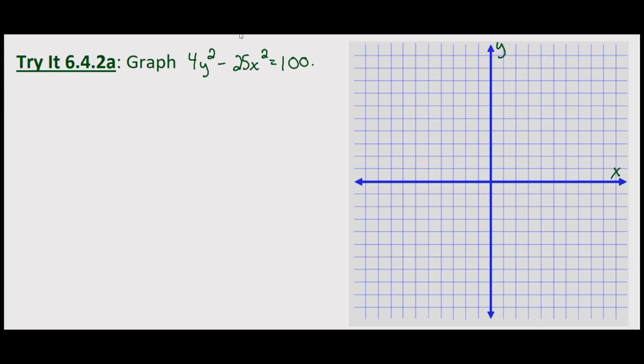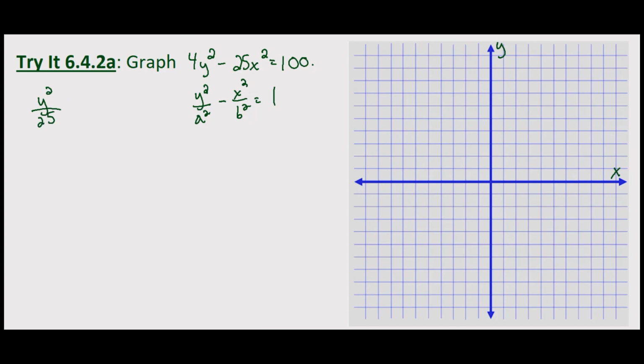Ultimately, we want to end up with the form y squared over a squared minus x squared over b squared equals 1. How do we do that? We just divide both sides by 100, and we get y squared over 100 divided by 4, which is 25.